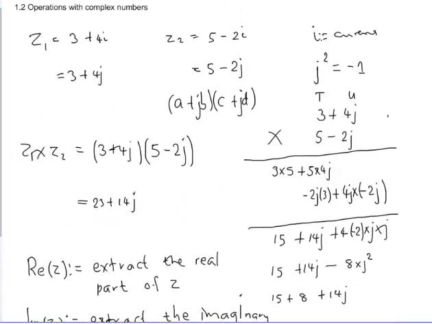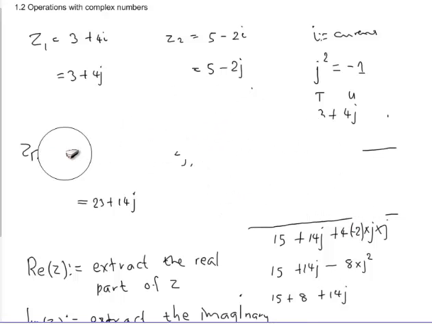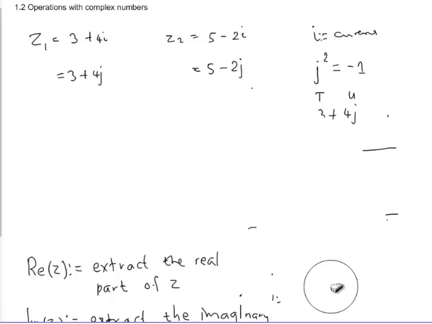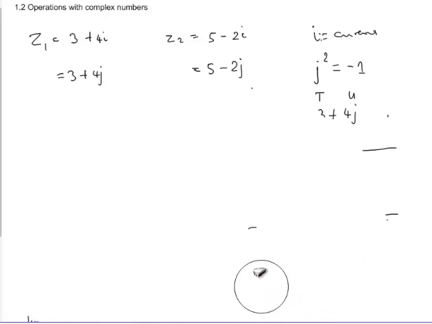Let's come to the last thing now. I think this is going to be the last one. Division. We talked about conjugates when we were rationalizing our denominators. Now, let's divide 1 by 5 minus 2j.